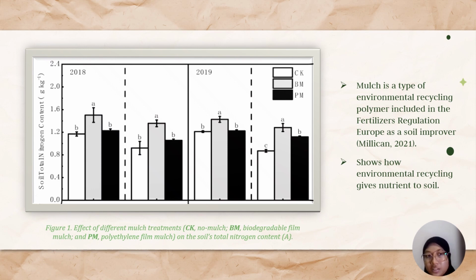Now, pheromones is a type of environmental recycling polymer included in the Fertilizers Regulation of Europe as a soil utility. And the graph shows that the gray bar, or the plant with biodegradable pheromones, has the highest amount of nitrogen content. And nitrogen is a very important element for a plant as it contributes a lot to the growth. Thus, this proves that the environmental recycling gives nutrients to soil.